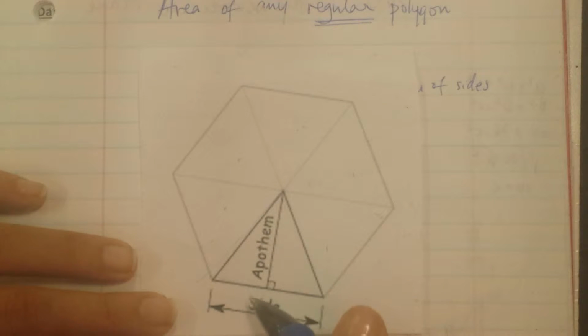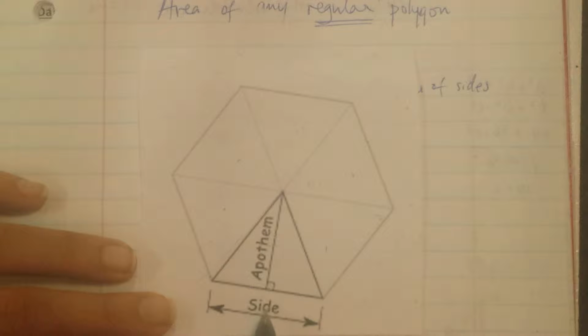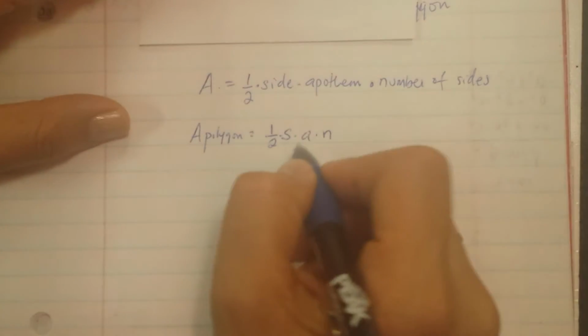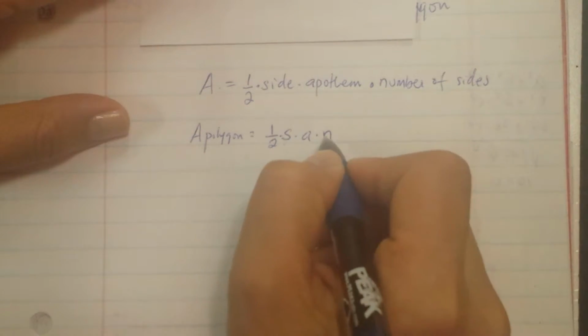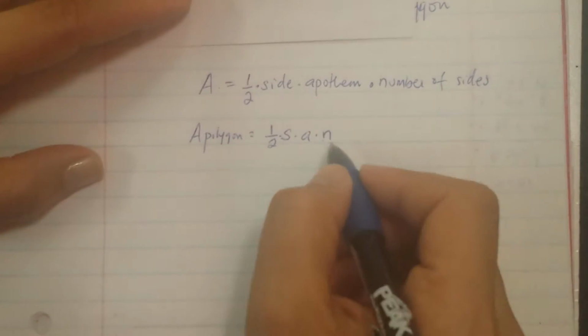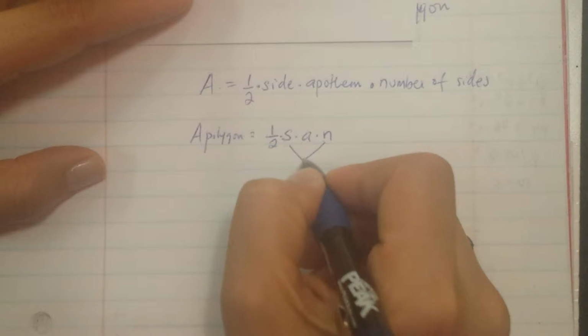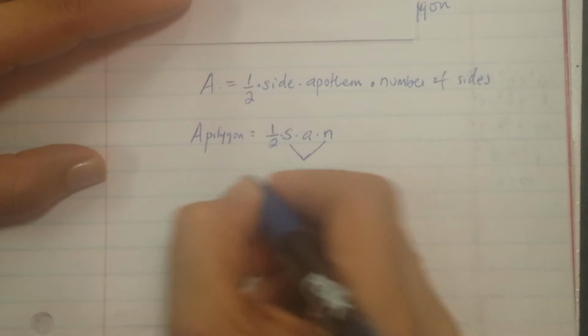I'm finding the perimeter of the shape. If this side was 10, then 6 times 10 is 60, which is the perimeter of the shape. So S times N is really going to be the perimeter of the shape.